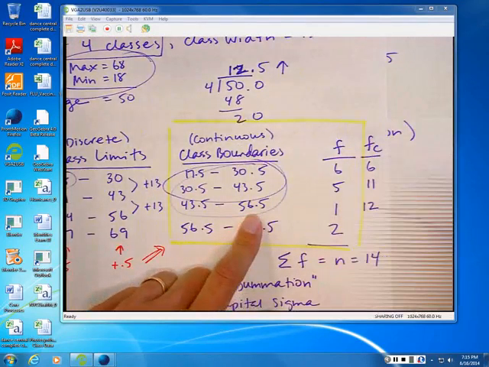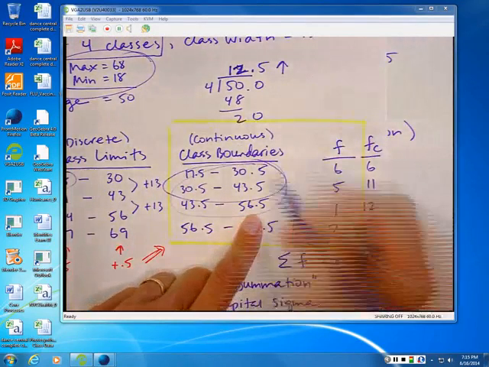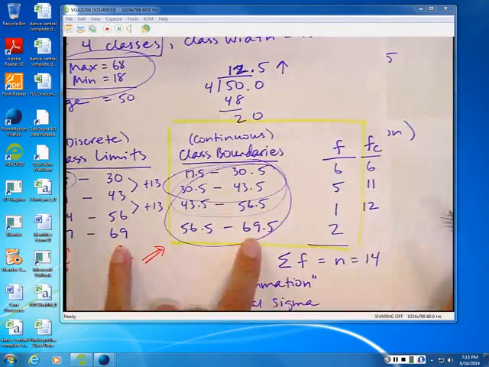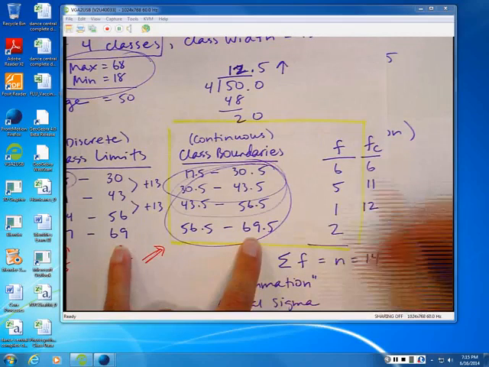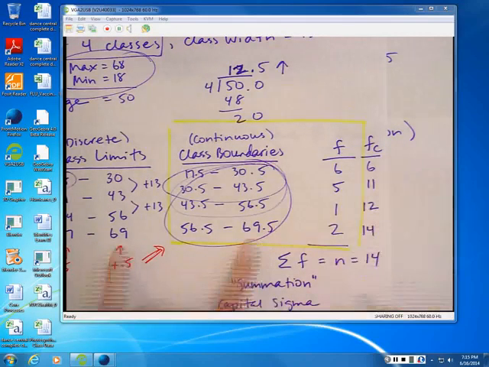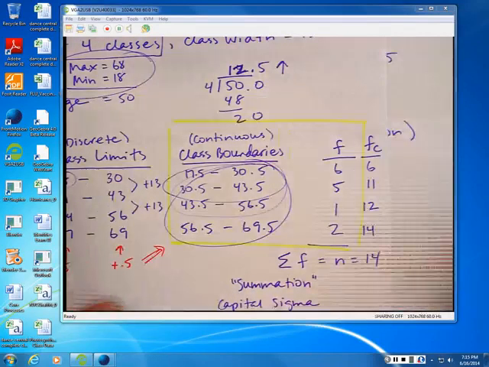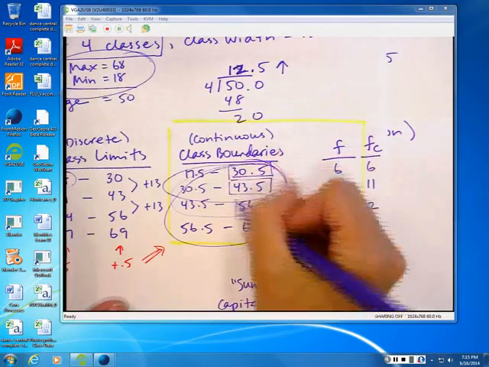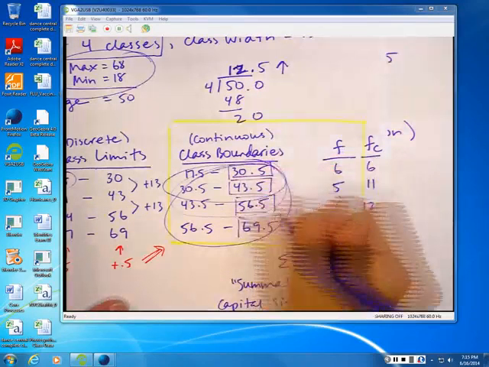That would be 12. I better end at 14, right? So now if I include everybody who is up to an age of 69.5, I add those last two, and there are 14 of those. When I do the frequencies, I'm going up to those upper limits.